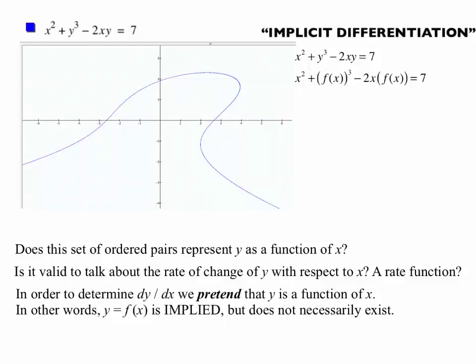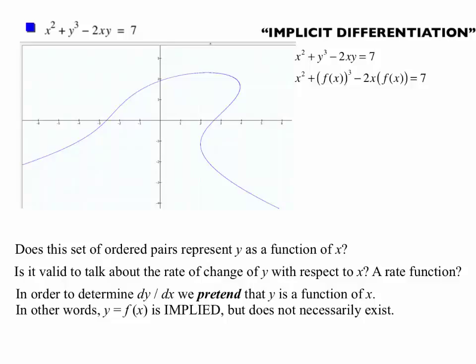So this is what it's like: x squared plus f of x cubed minus 2x times f of x equals 7. F of x, implied but not real. Okay, it's not factual. So we just consider that it does exist. We pretend that it exists.